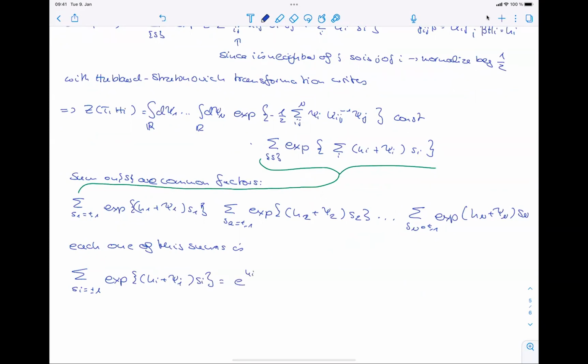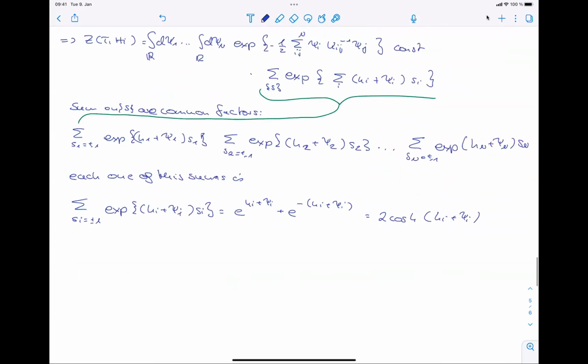It's e to the (h_i plus psi_i) plus e to the minus (h_i plus psi_i). So it's just 2 cosh of (h_i plus psi_i).